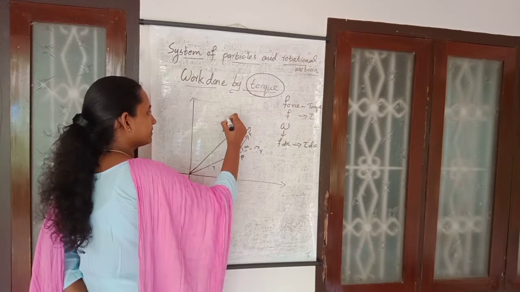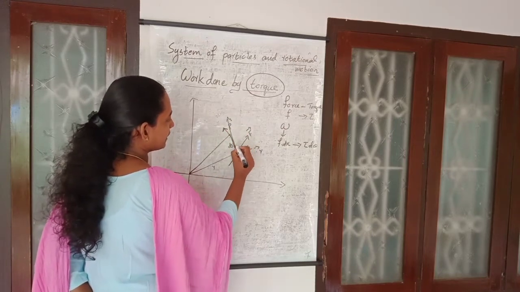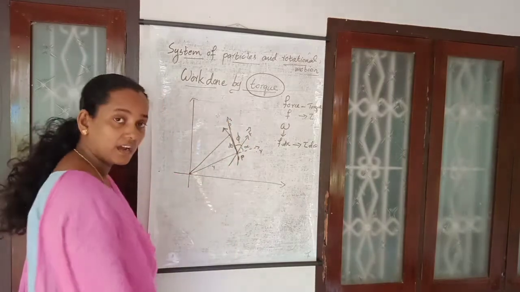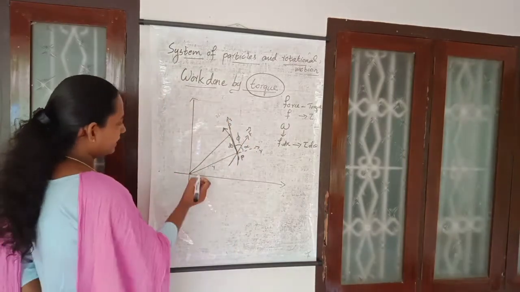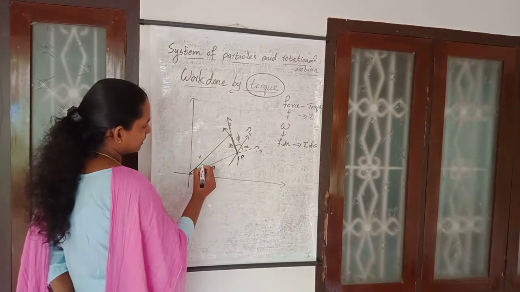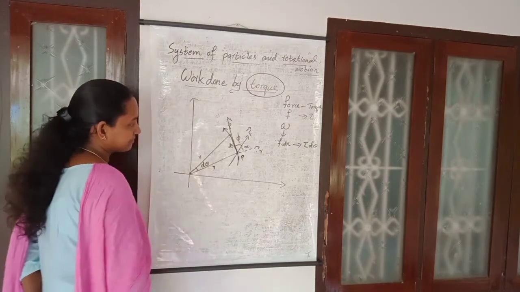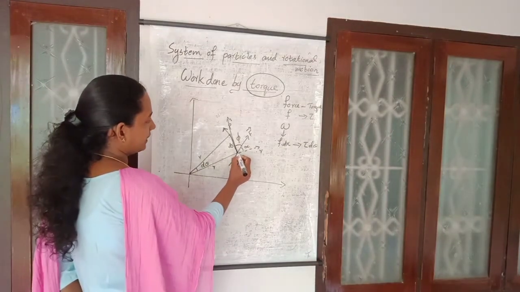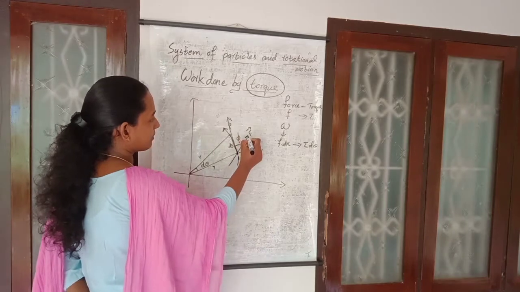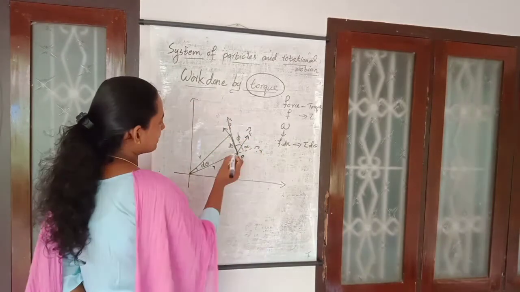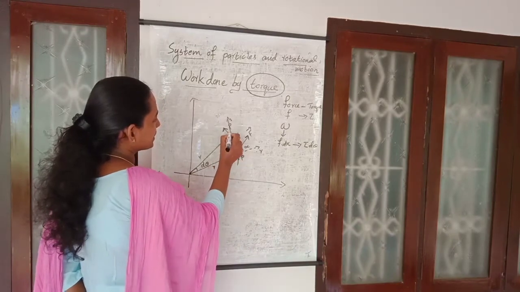This linear displacement and the force make an angle phi, and the position vector r sweeps an angle d theta. Understood? The particle describes a circular motion, and after some time reaches P dash.